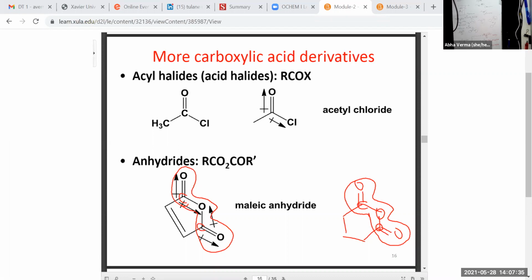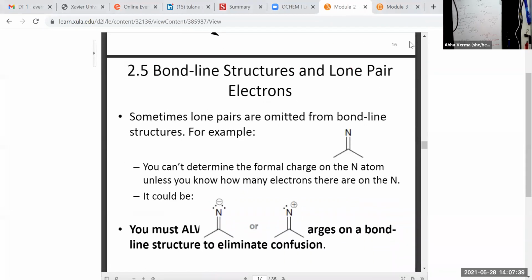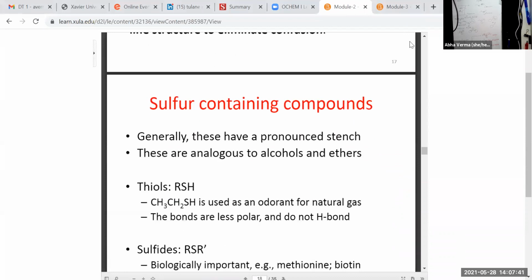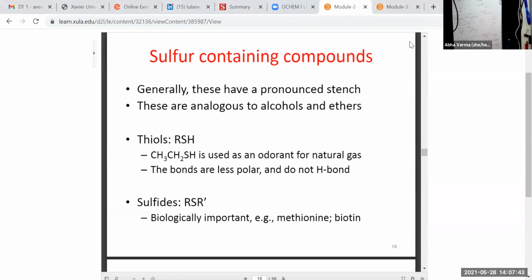Now the last group that we will be looking at are the sulfur containing compounds, and we will just be looking at the thiols and the sulfides. The thiols are a derivative. So if you know your periodic table, oxygen and sulfur are in the same group.